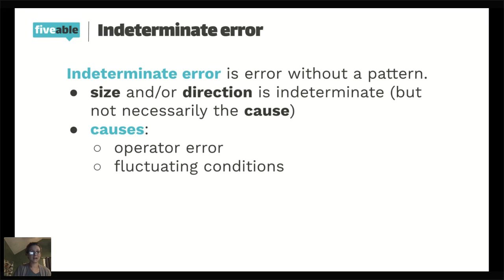Fluctuating conditions. So I can give you a real example from my life of this particular type of error. When I was in college, I did an experiment as my senior research project where I was reflecting a laser off of a little thin sheet of, I think it was sapphire, and measuring what percentage of the beam got polarized and what percentage did not.